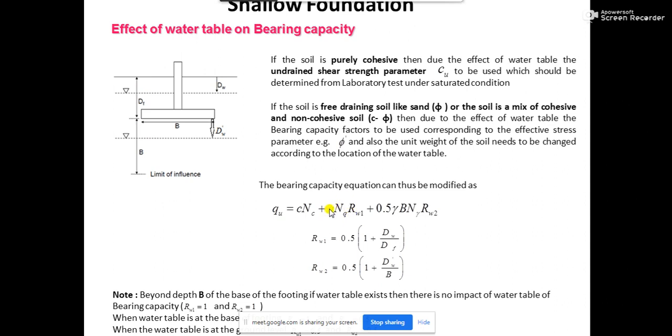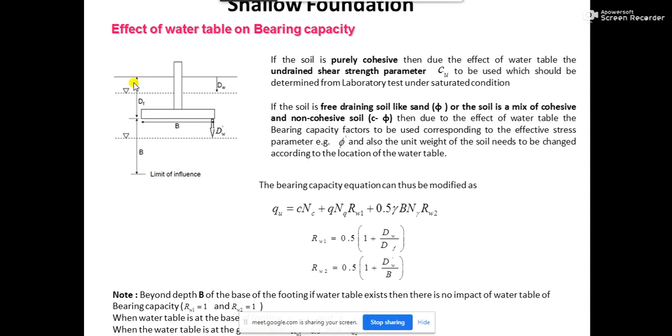What is Q? Q is nothing but gamma into D. So this gamma will now be impacted if your water table rises above the base of the footing.